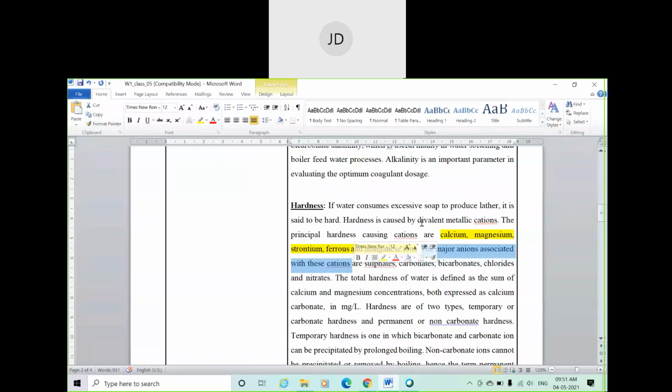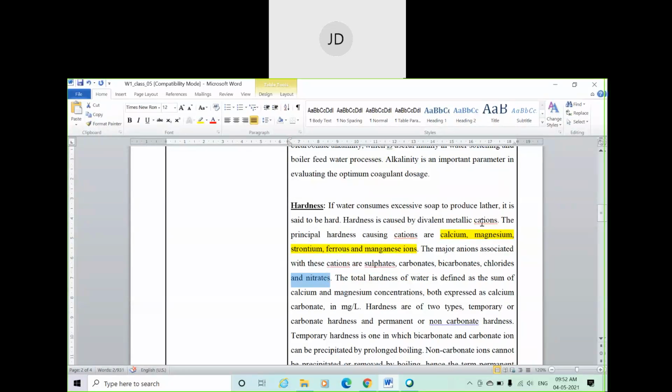I already told you that these multivalent cations react with the anions present in water. And what are the anions? The major anions associated with these cations are sulfates, carbonates (CO3 2-), bicarbonates, chlorides (Cl-), nitrate (NO3-), like that.